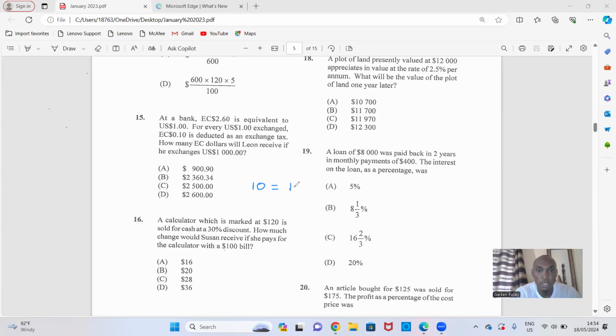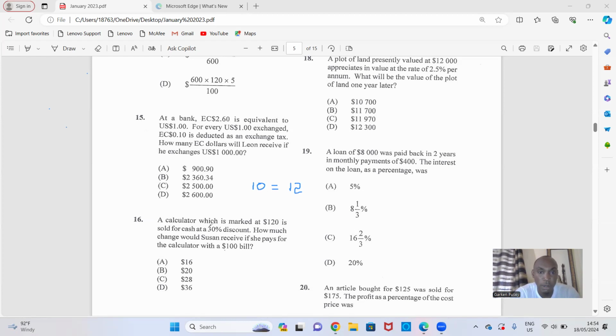But it says 30%, so we multiply this 12 by 3 to get 36. So 30% of 120 is 36. If it was 40%, it would be 4 times 12, which is 48. If it was 20%, it would be 2 times 12, because 20% is 2 times 10%.